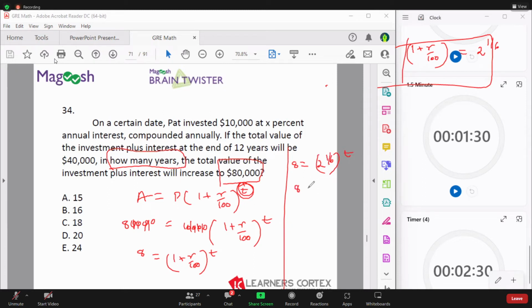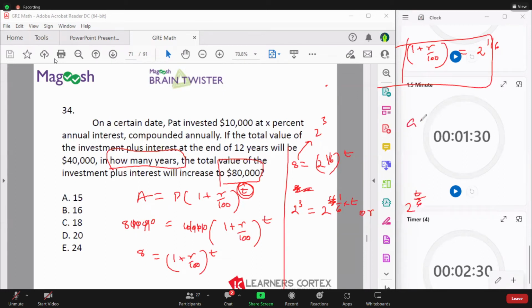Or we can write 8 as 2 to the power 3 basically. So 2 to the power 3 equals 2 to the power 1 by 6 times T, or 2 to the power T by 6.